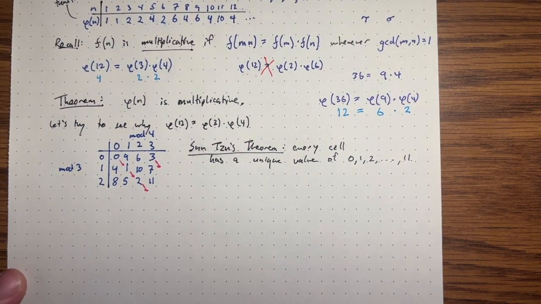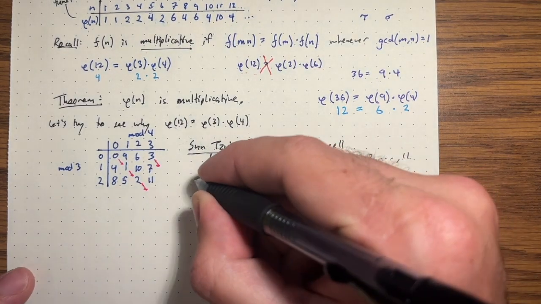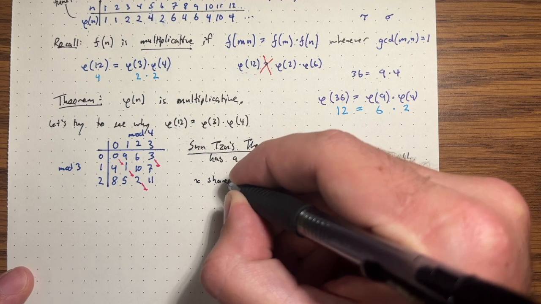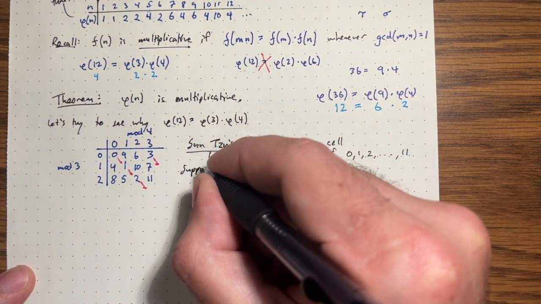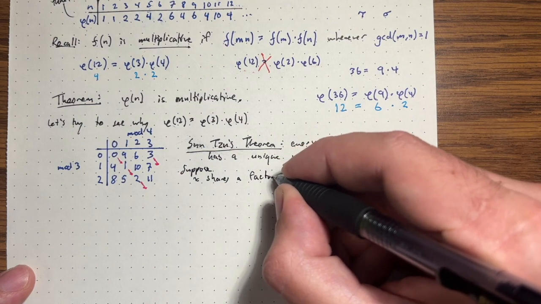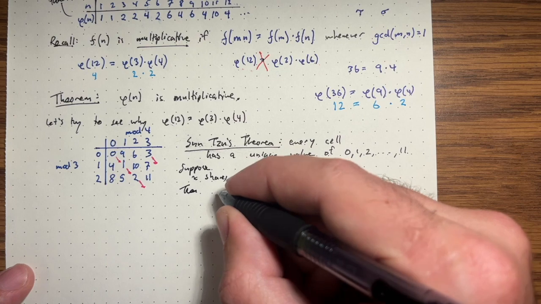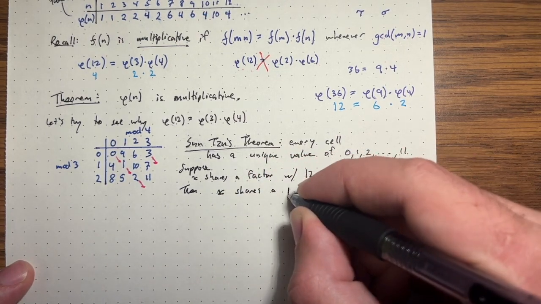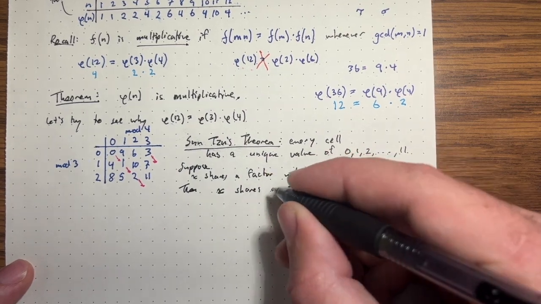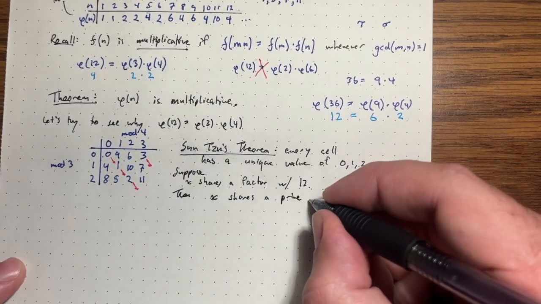So let's say x shares a factor with 12. Then, actually, x has to share a prime factor with 12. That's easy enough, right? Your factor itself is a product of primes, so just take one of those primes.